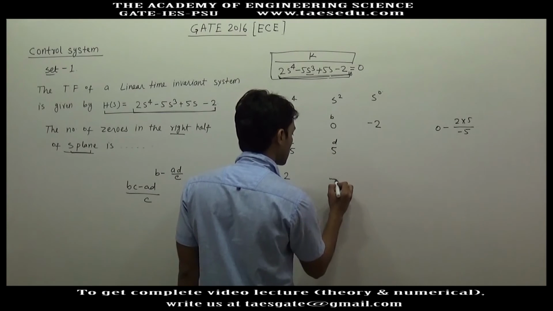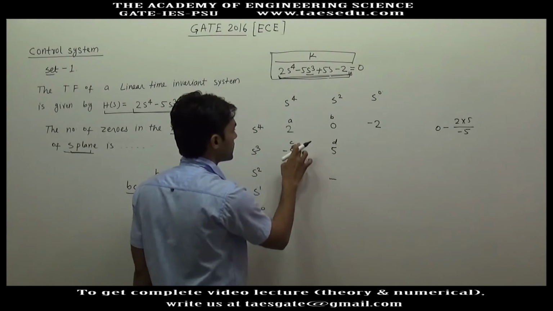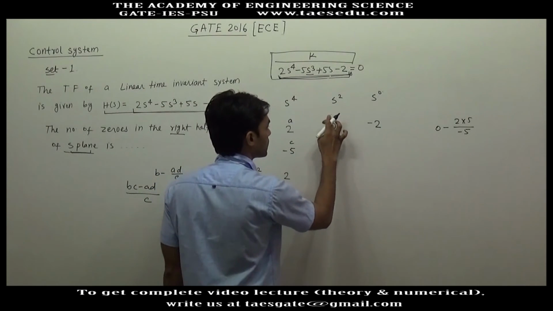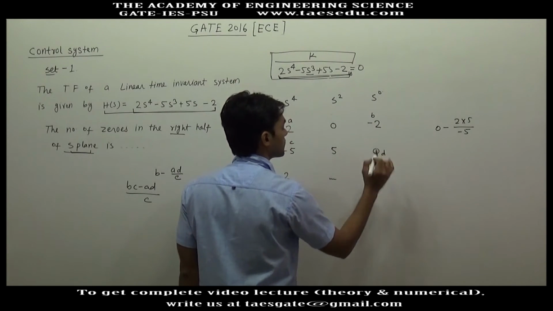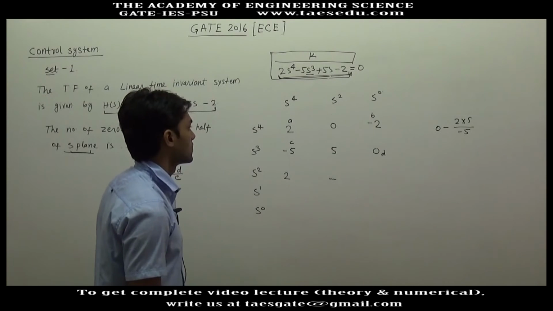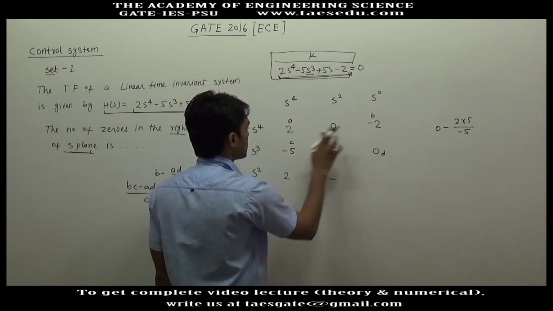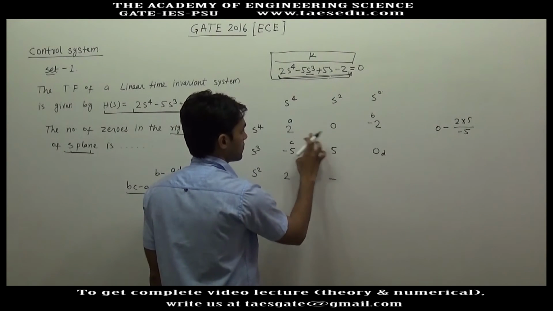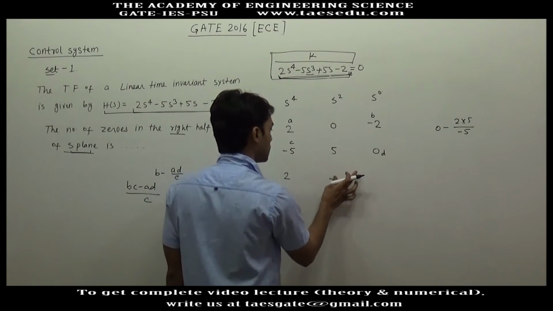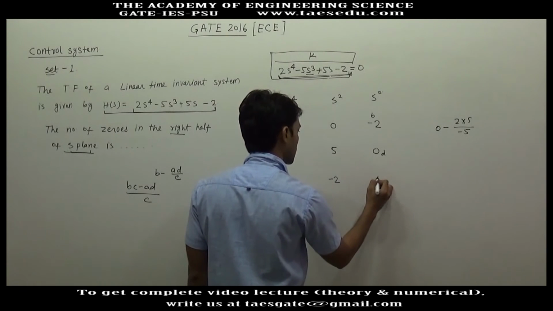To find this element, A and C will be the same, and this will be B, and here we have 0, this will be D. This will be B minus AD by C. Since D is 0, AD will be 0, so here you will have minus 2 and here 0.